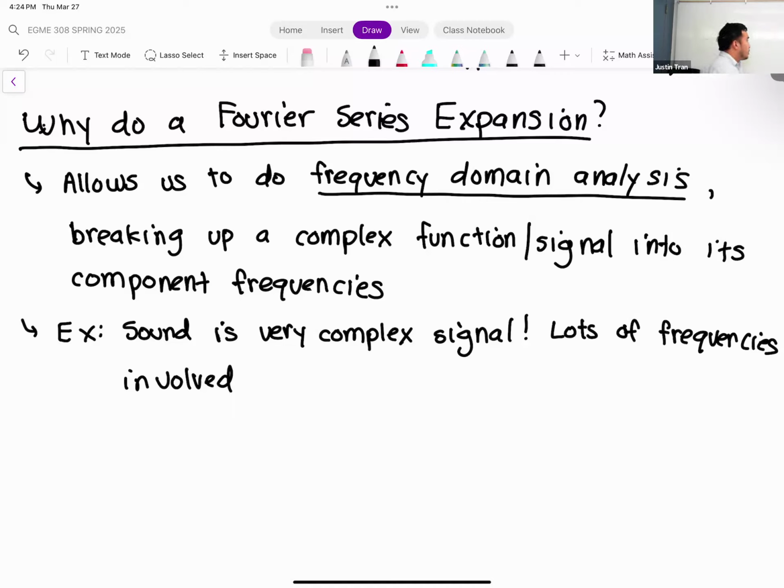So let's say you take a recording of my voice and you want to break it up into its component frequencies. You can do that using the Fourier series expansion.